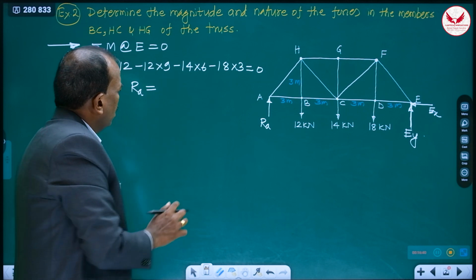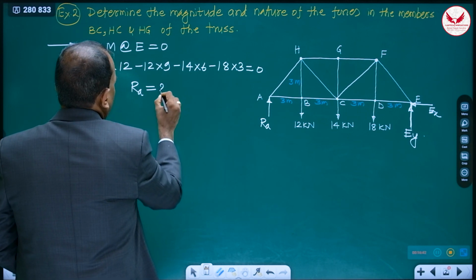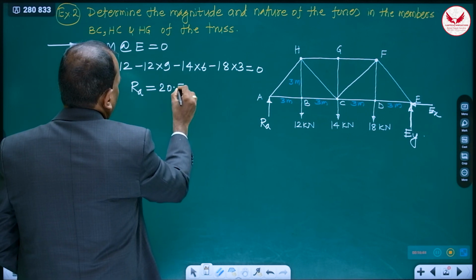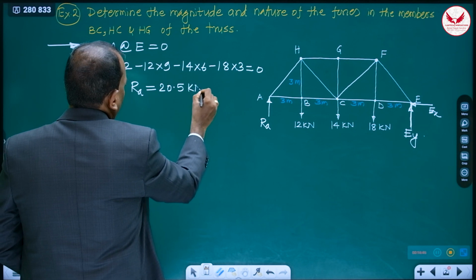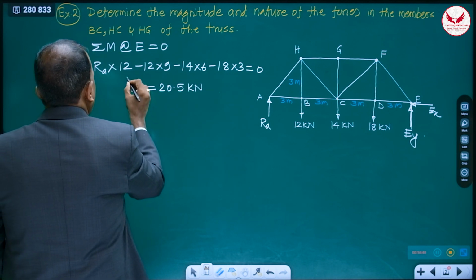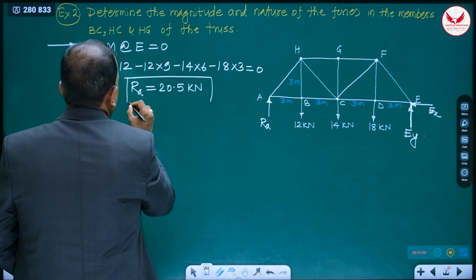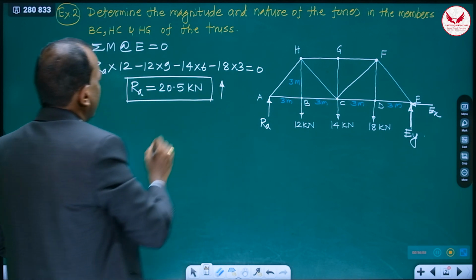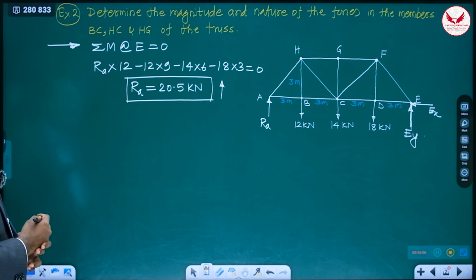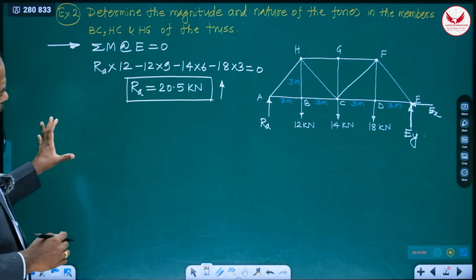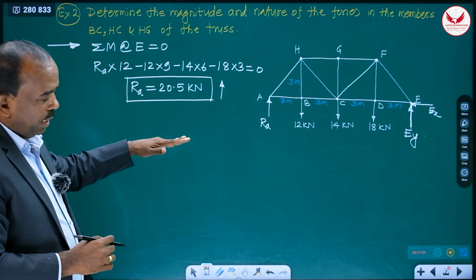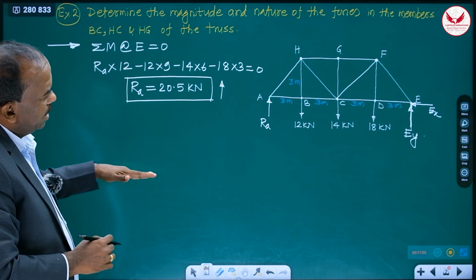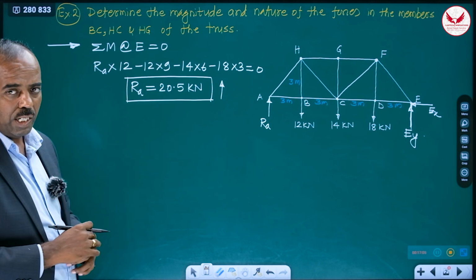It is 20.5 kilonewton. And our assumed direction is correct, meaning this reaction is vertically upward. So as I told, first is getting at least one reaction when the truss is supported at 2 ends.